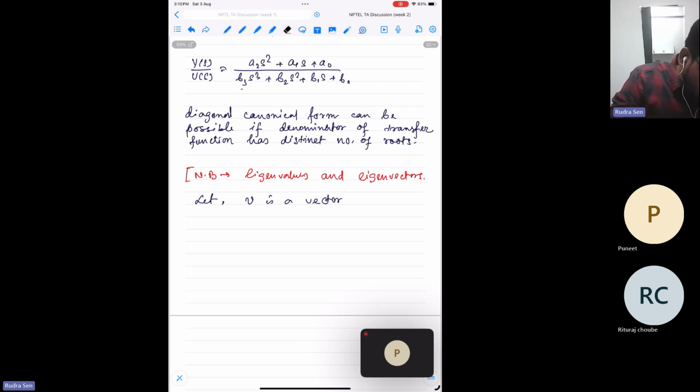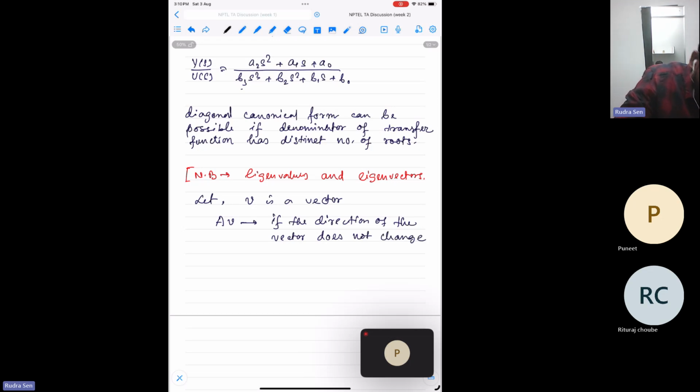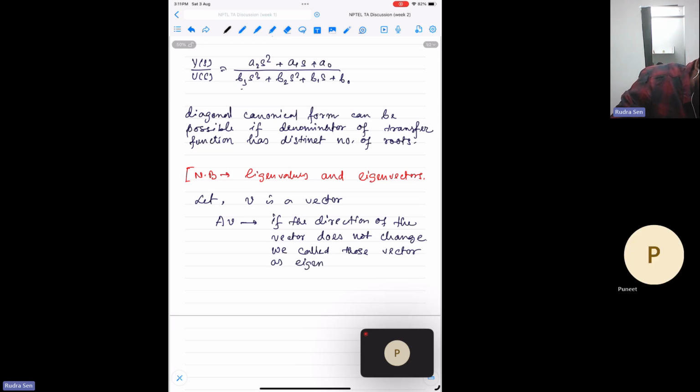Now, if we multiply this vector with a matrix, and the direction of the vector does not change, we call those vectors eigenvectors of that matrix. Sometimes eigenvectors are also called characteristic vectors.